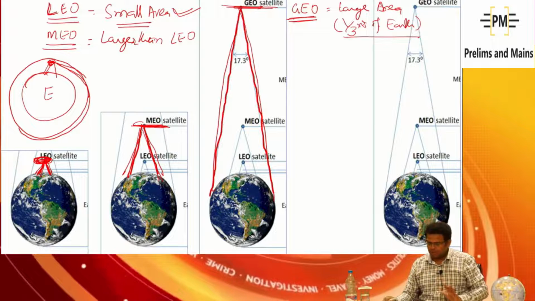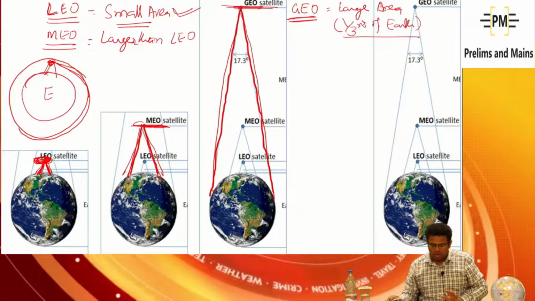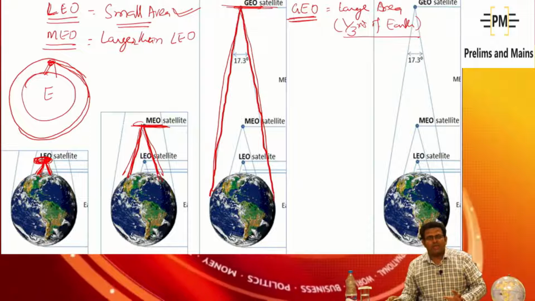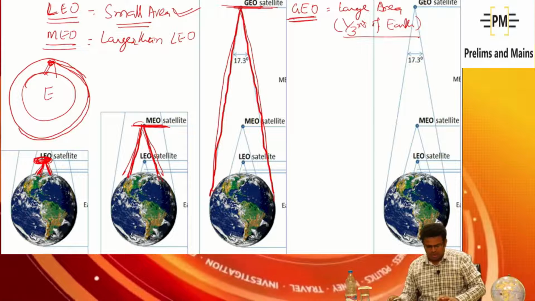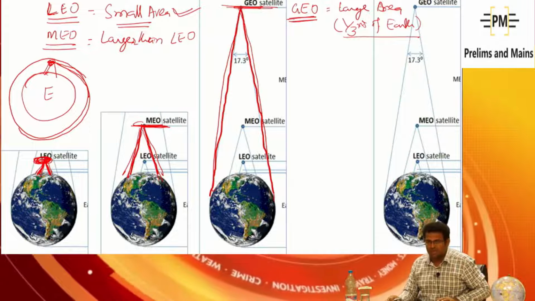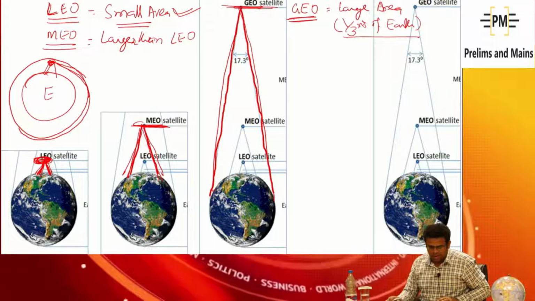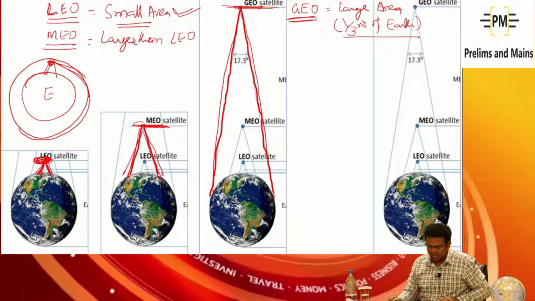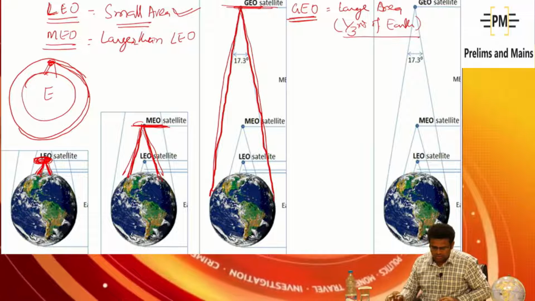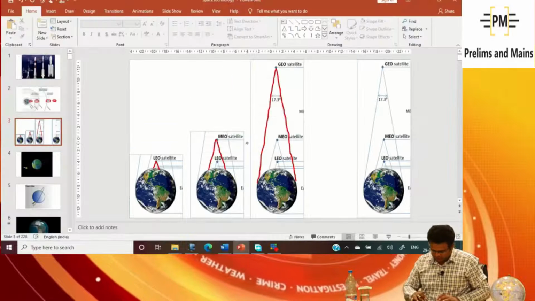That is clear now. So area-wise we have covered it: a small area, larger than low Earth orbit, and a very large area, one third of the Earth.